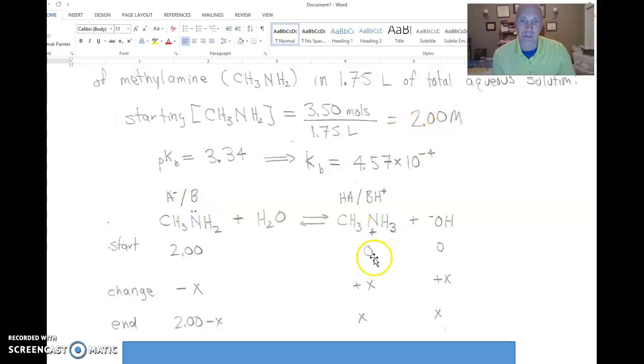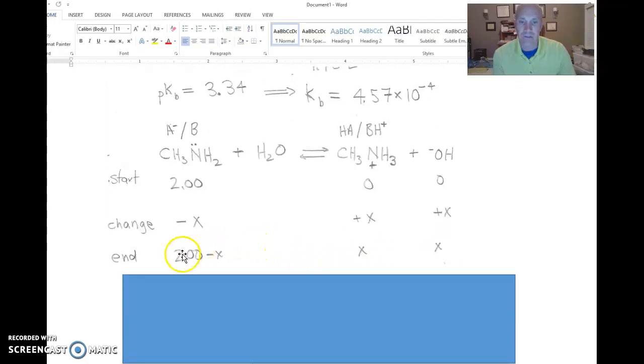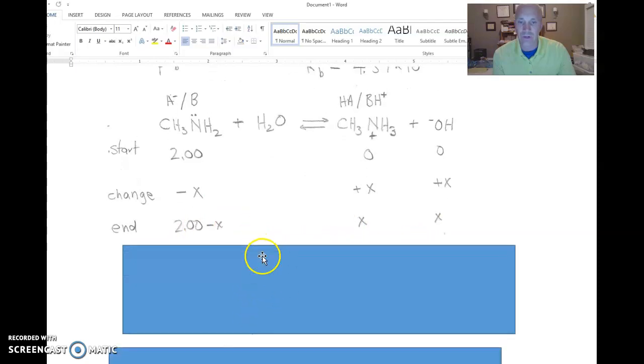That's what we calculated here. At the very start, we would assume that we have 0 of these guys right here. And since it's a 1 to 1 to 1 to 1 ratio, every time this guy goes down by some amount, these guys right here go up by the same amount. And so we can calculate these expressions right here, which show those concentrations.